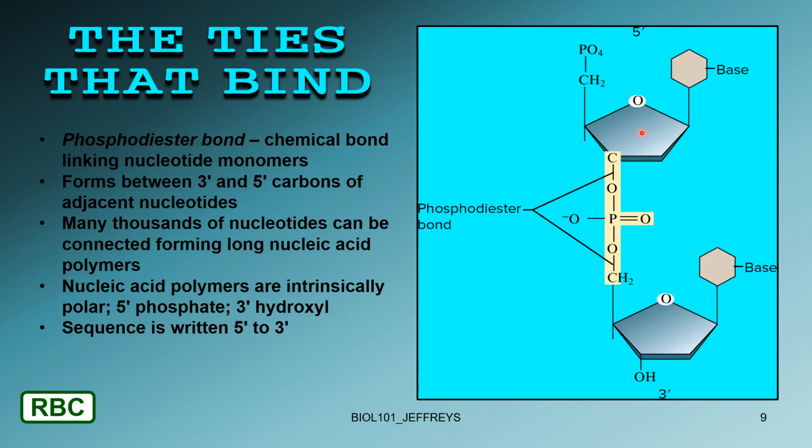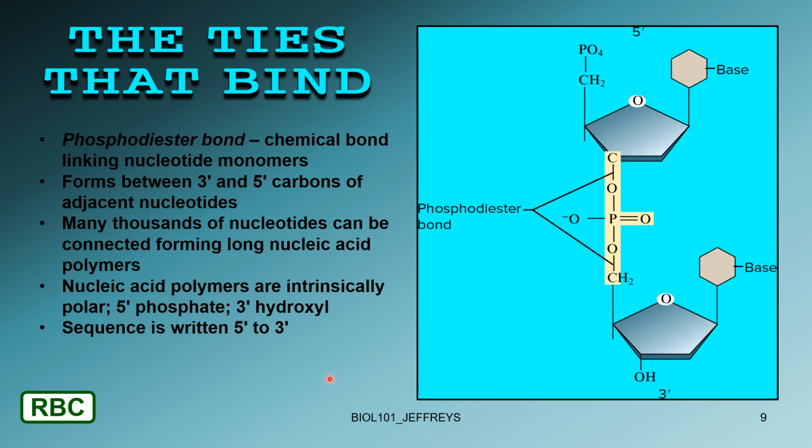So this is a nucleotide, base sugar phosphate, and this is a nucleotide, a different one, base sugar phosphate. And there are many thousand of nucleotides connected to form long nucleic acid polymers, polypeptides eventually, right?